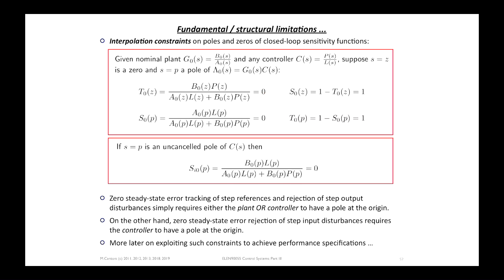So zeros of the open loop transfer function become zeros of the complementary sensitivity function. And that means that the output sensitivity function at the zeros of the open loop will always be equal to 1.